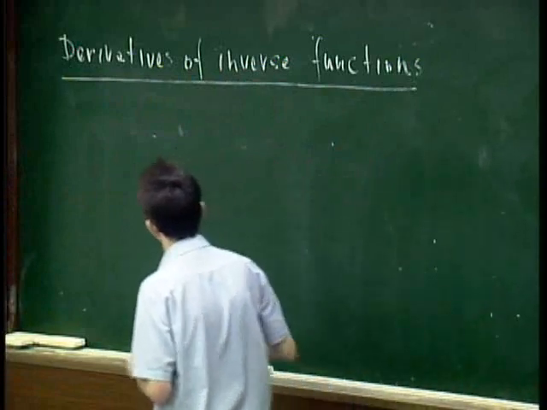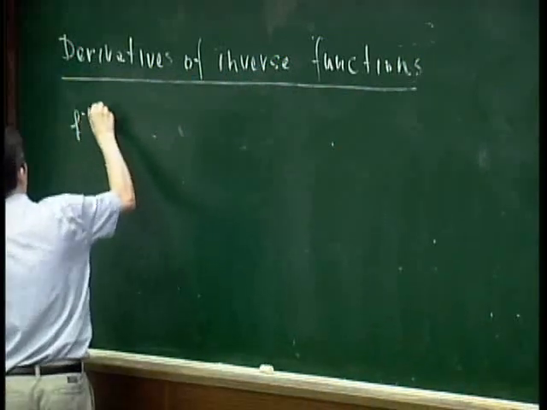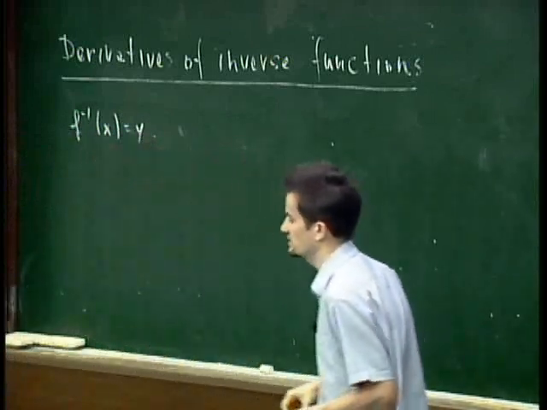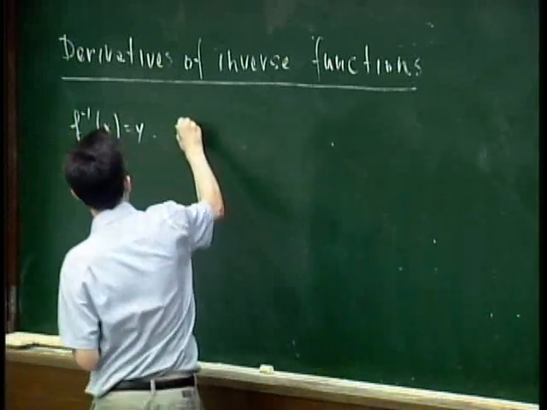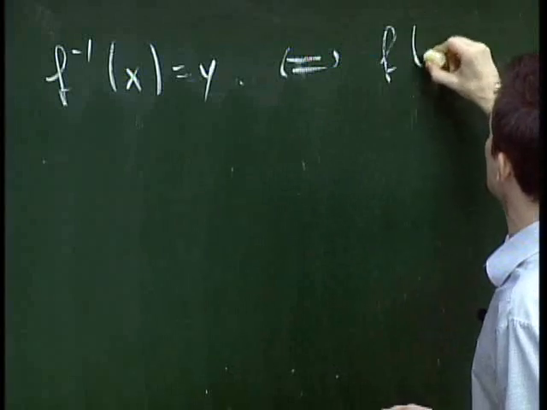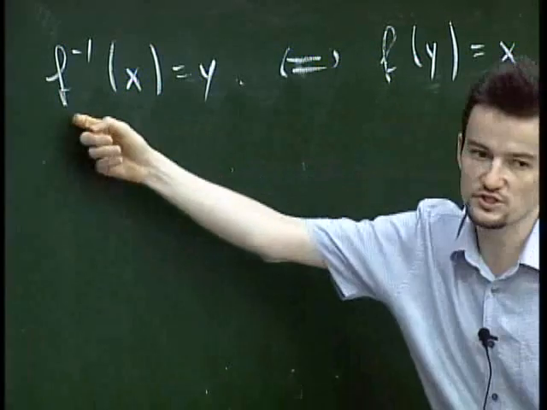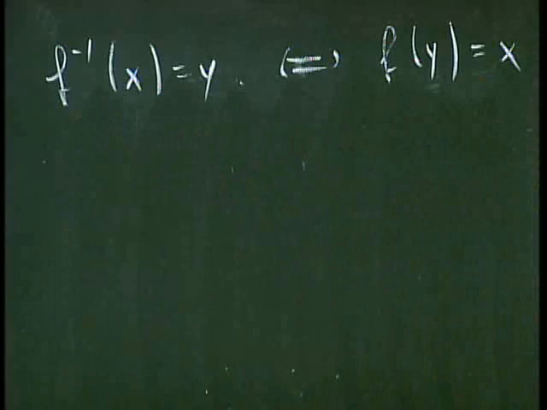Okay, so we have given the inverse of some function. Now, by definition, this means that f of y is equal to x. You can interpret the inverse function as given by this implicit equation.